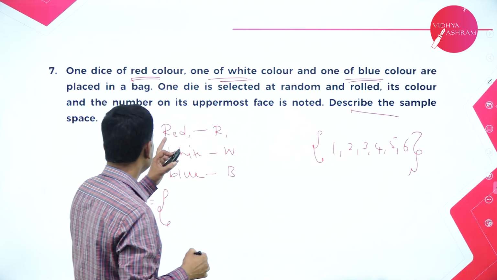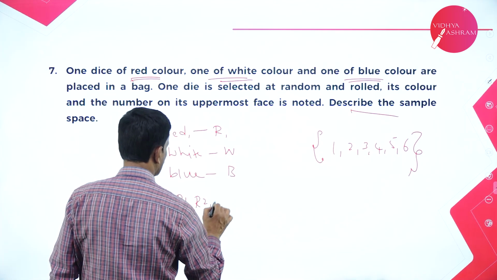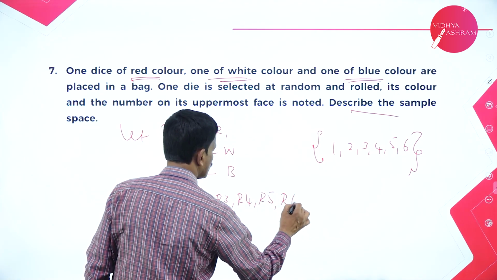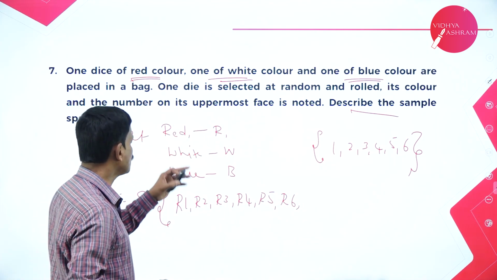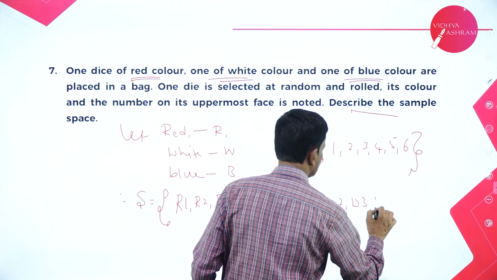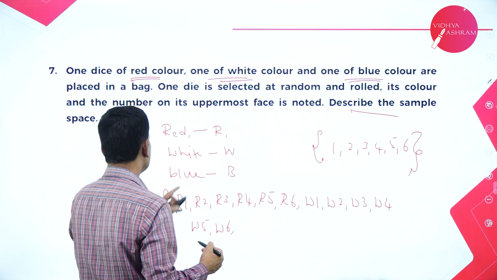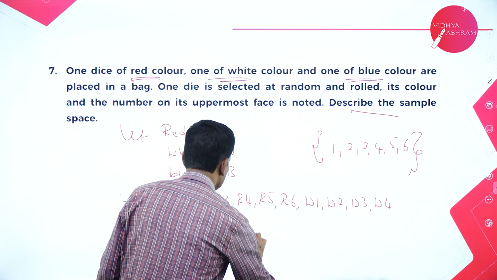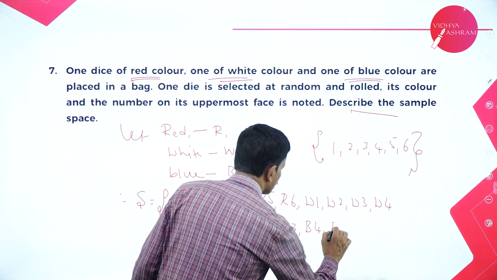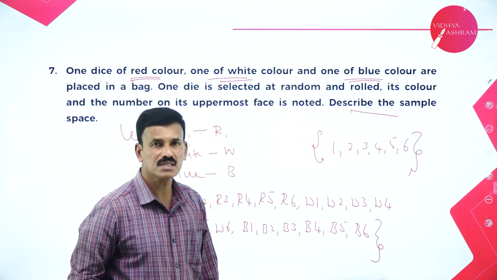So when red is selected, the possibilities are R1, R2, R3, R4, R5, R6. Similarly, for white, W1, W2, W3, W4, W5, W6. And the last one, blue, that is B1, B2, B3, B4, B5 and B6. So this is the sample space. That's it.